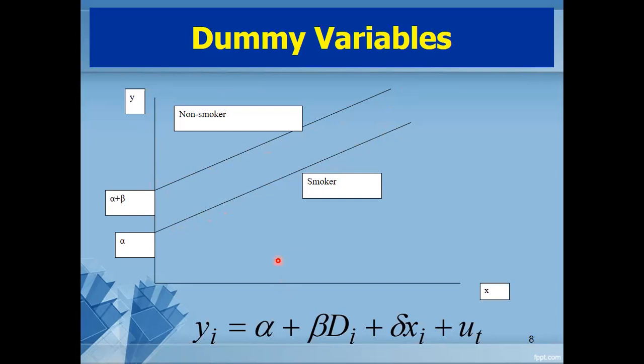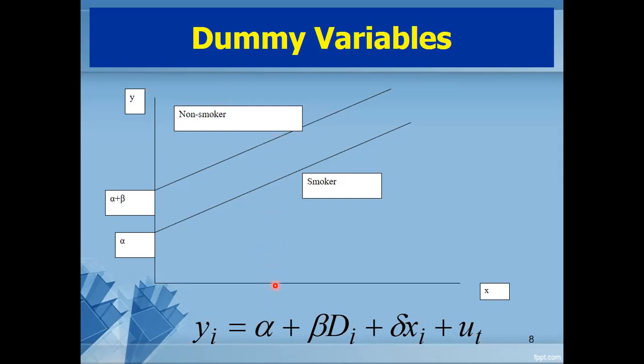If you take any experience level, for example, assume that this point indicates the experience level of 10 years of experience, right? So for any given experience level, this is the average income of a smoker and this is the average income of a non-smoker.